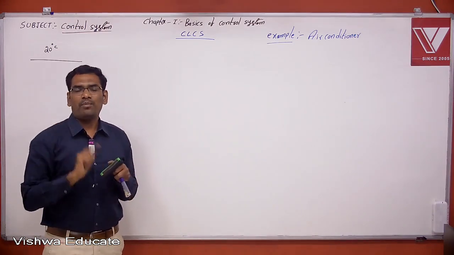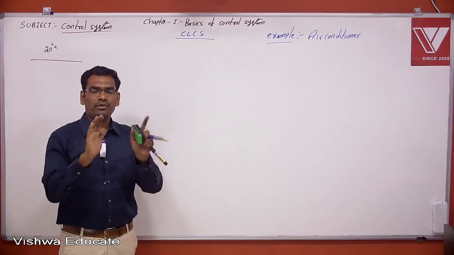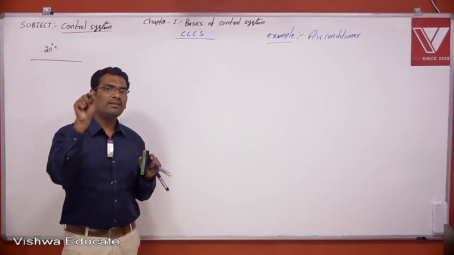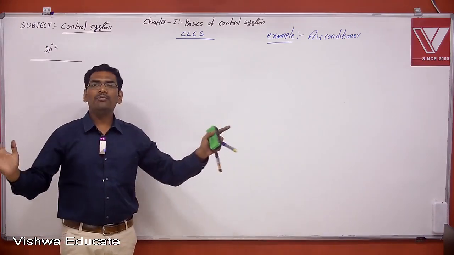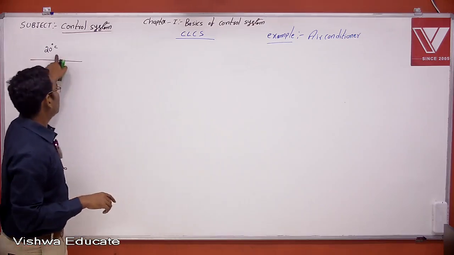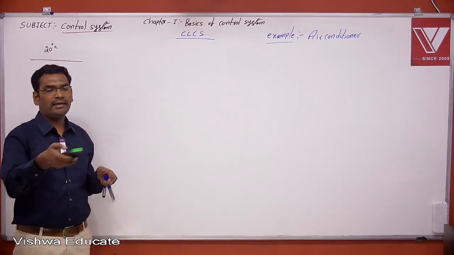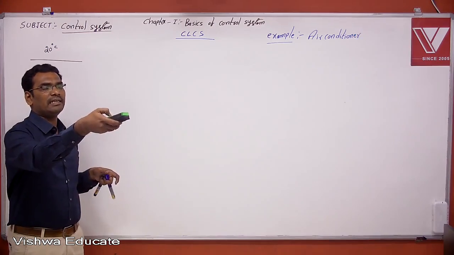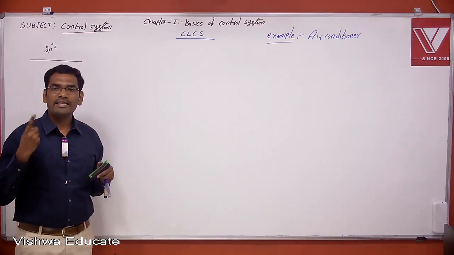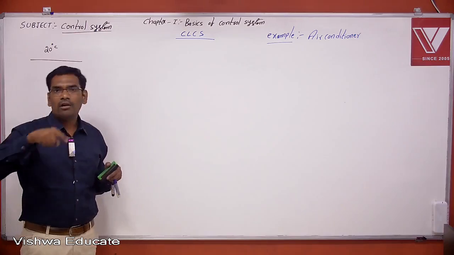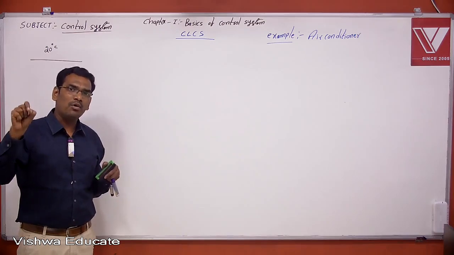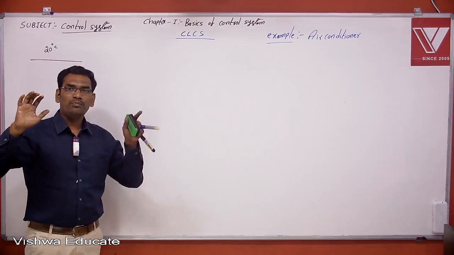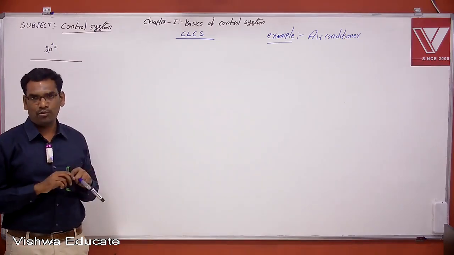With respect to your point of view, that 20 degrees centigrade temperature is your target, your aim, your goal. You are expecting that the room temperature should be 20 degrees centigrade. For that purpose, you set the temperature as 20 degrees centigrade, and with respect to your point of view, that is a desired output, a goal, a target. You are expecting that temperature to be present in this particular room. Is it right or not?